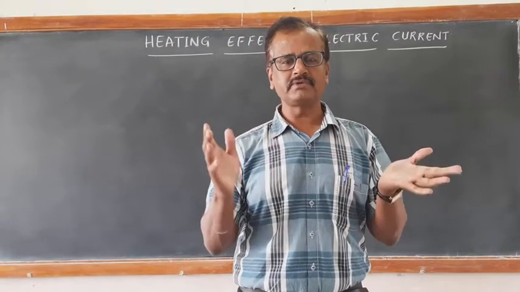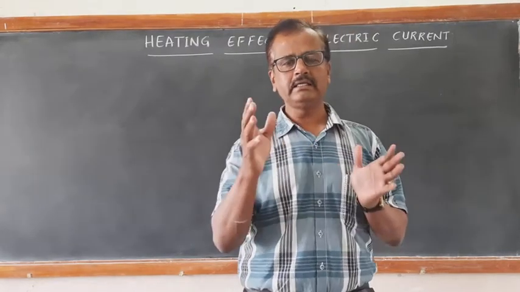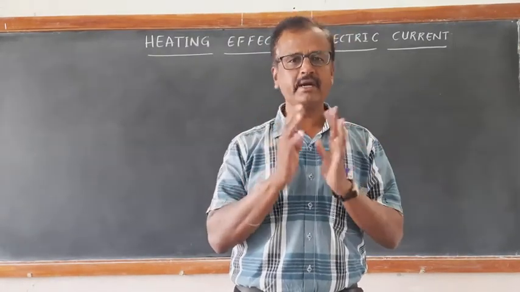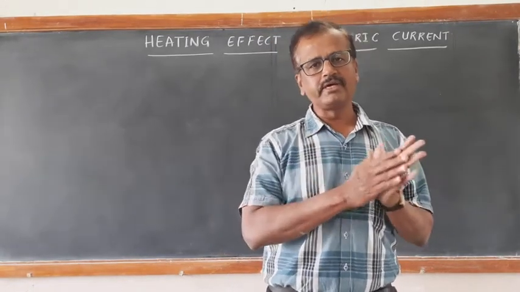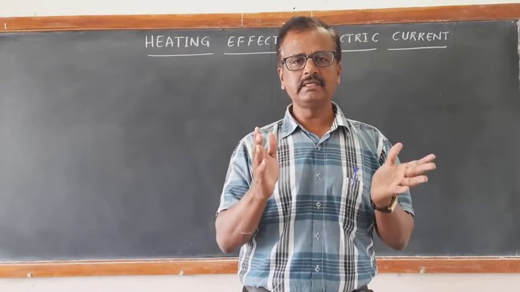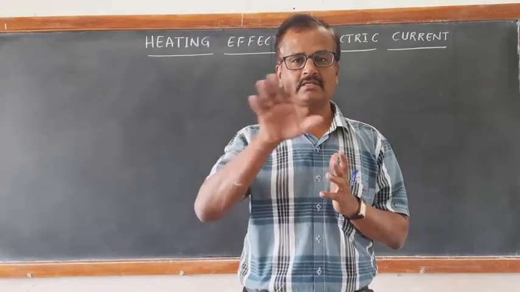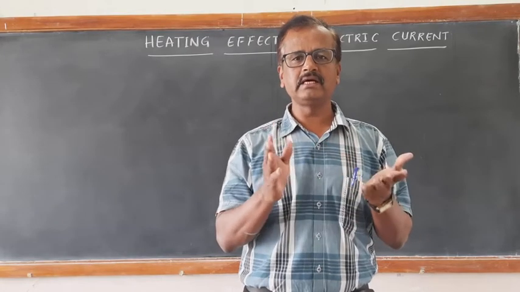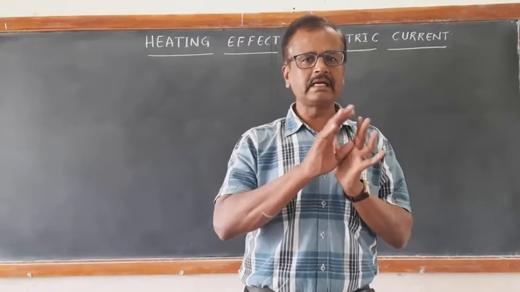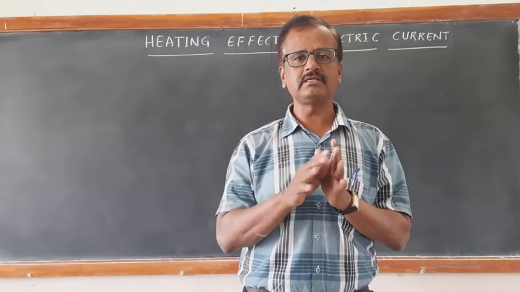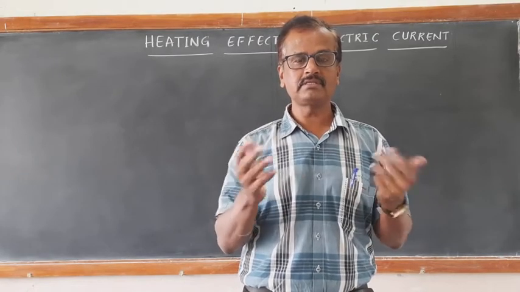The potential difference that is required for the flow of electric current is provided by this battery. When the charges are flowing through the circuit, it is ultimately the work done by the battery in driving the charges. When the electric current flows through the circuit for a certain amount of time, what happens in the circuit?